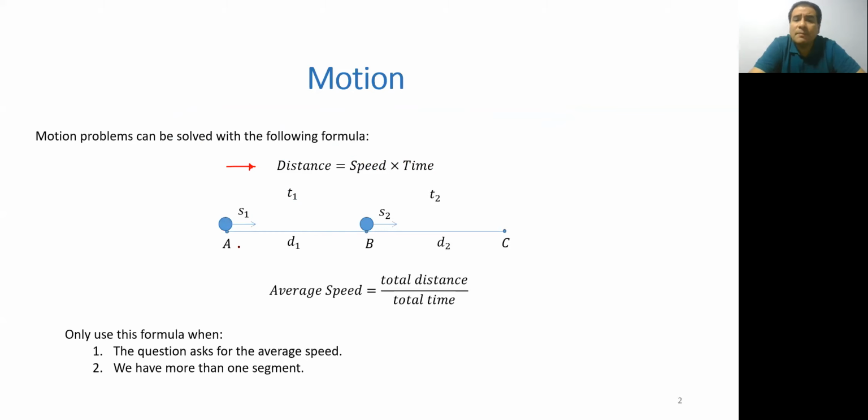If there is, for example, some motion in two different spans, each span having a different distance, the mobile can run this distance in the first span using a certain speed, S1, but once it arrives at the point B, it changes its speed to speed S2.